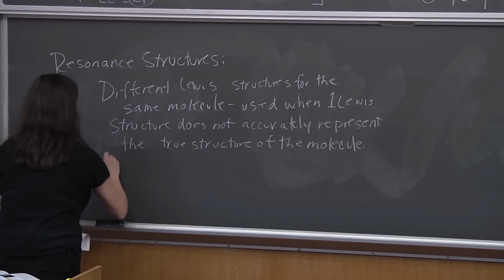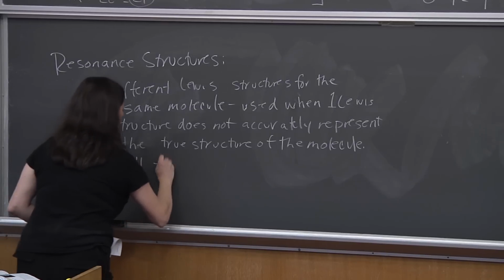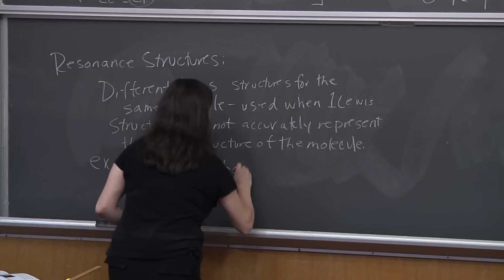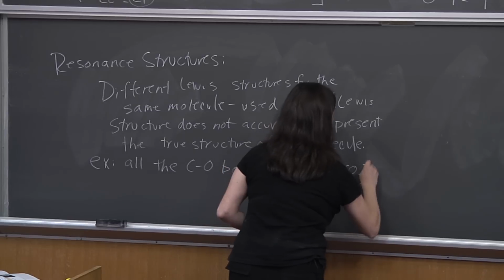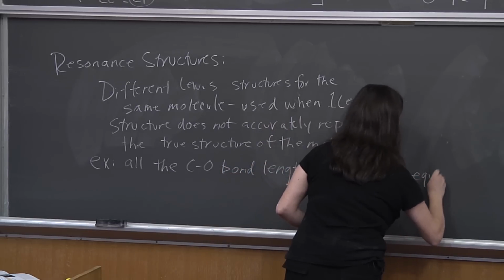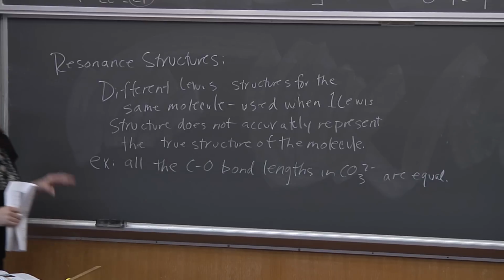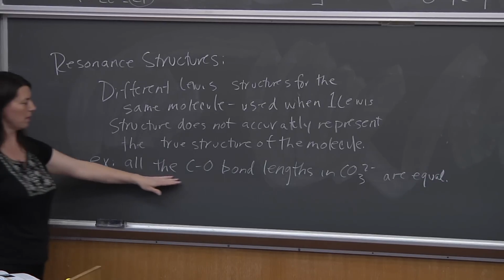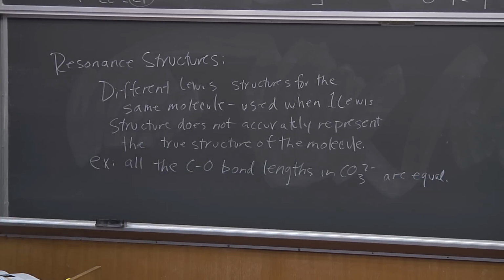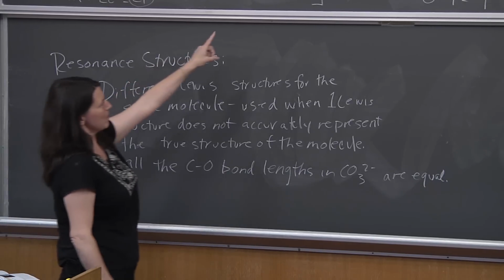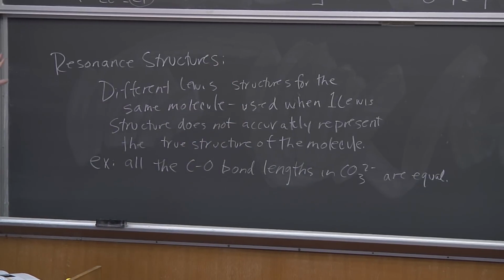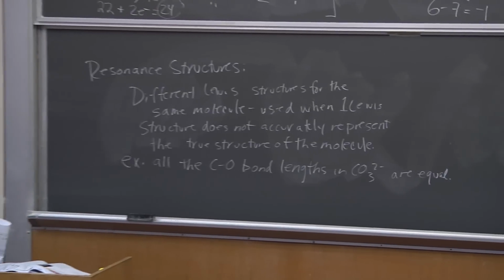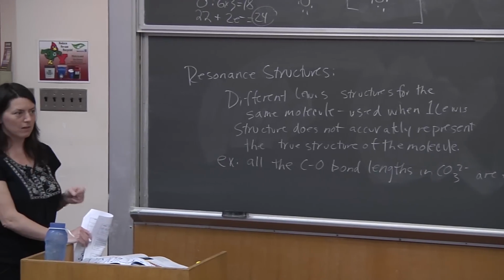For example, you can tell experimentally that all the carbon to oxygen bond lengths in carbonate are actually the same length. That doesn't make sense from the structure that we have here. Why does that not make sense? Because double bonds are shorter than single bonds.